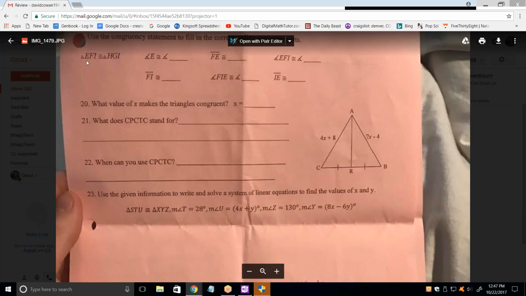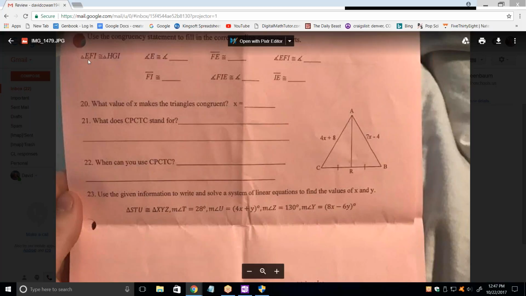In other words, when you draw a triangle and you say it's congruent, let's just refresh ourselves on 19. Which angles are equal? Just A. No. A and A. EFI is one triangle and HGI is another triangle.